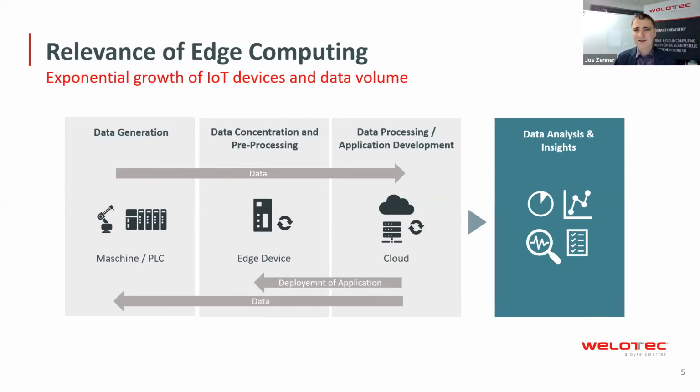If we are looking a little further, data from the cloud is also going through the edge device to the machine PLC to optimize applications. And with edge computing, there's one huge advantage. You can deploy applications from the cloud, so you can have a continuous improvement of your applications. I'll go into that later.